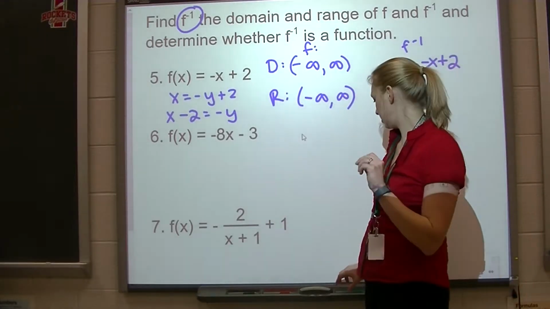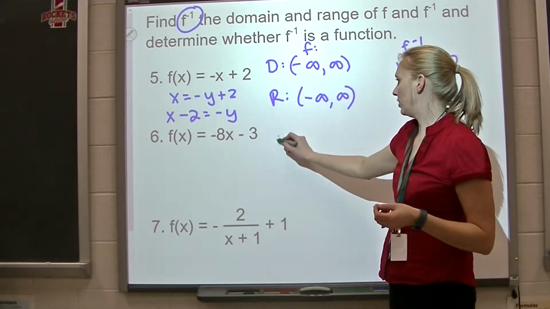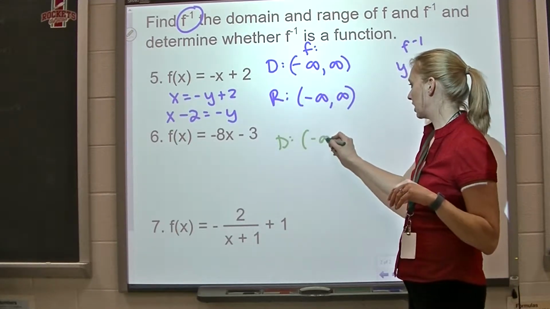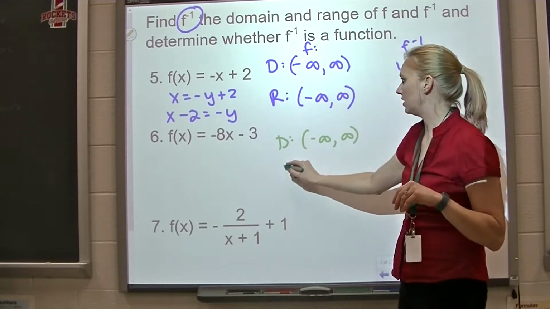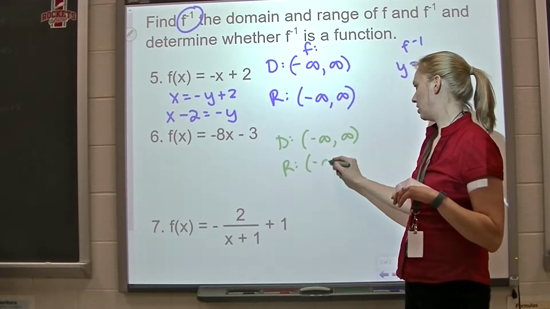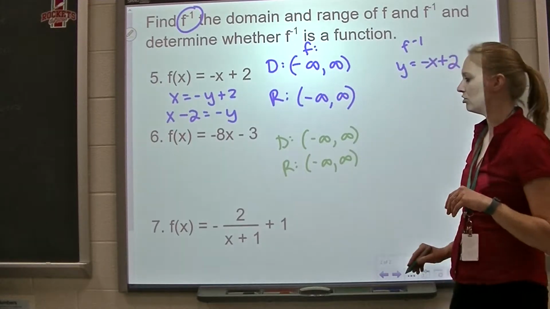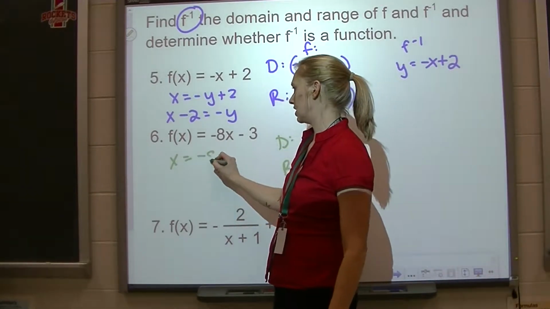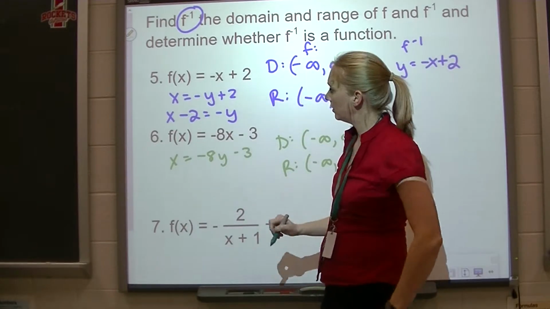For question 6 here, the domain and range of this, again, is a line. So it's negative infinity to positive infinity for both the domain and the range. Flip-flop the x and the y, so it's x equals negative 8y minus 3.